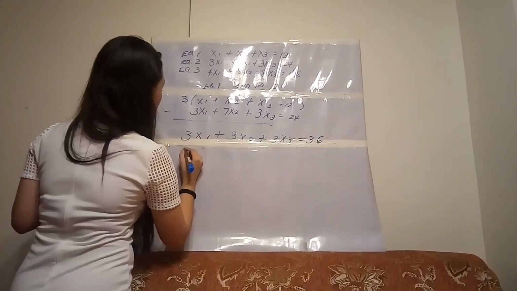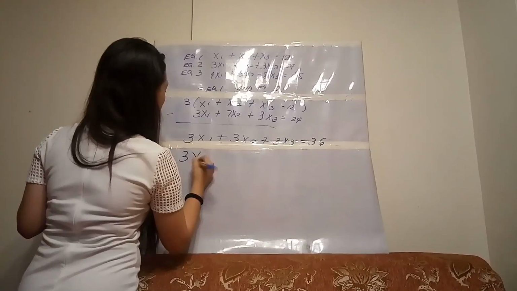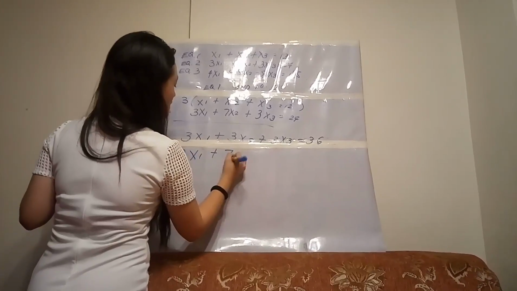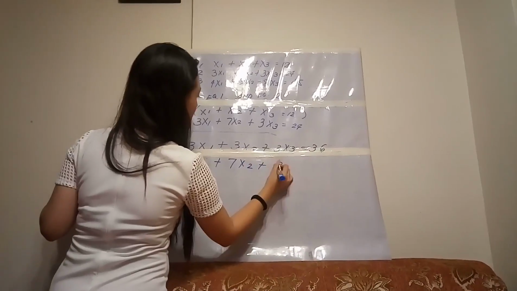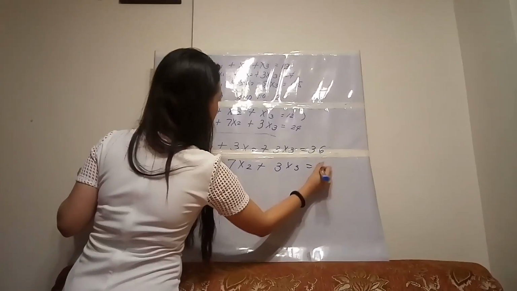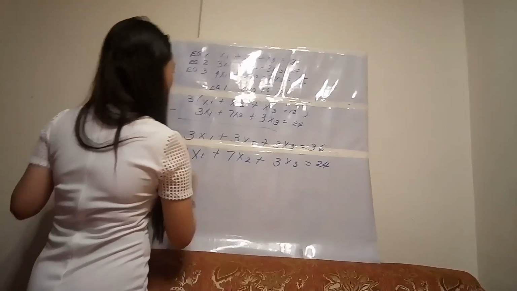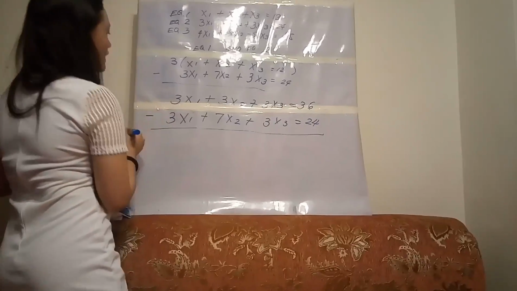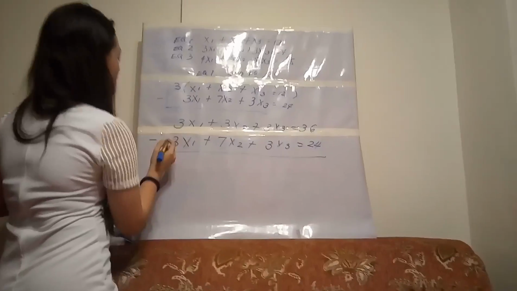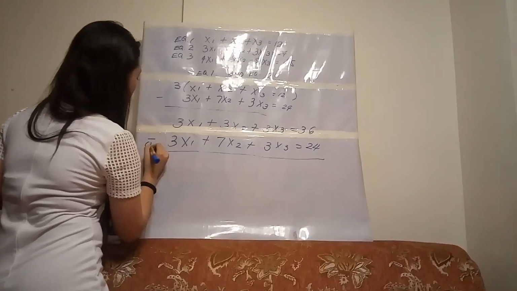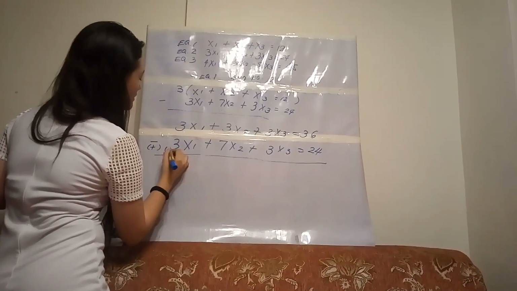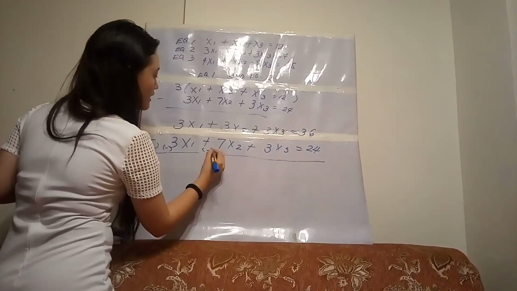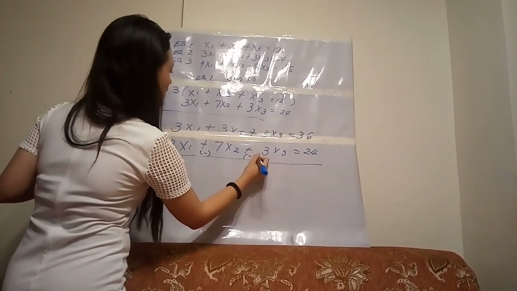And for equation number 2, it will be the same: 3x1 plus 7x2 plus 3x3 is equal to 24. In this elimination, we can use an addition or subtraction method. But in this one, I will use a subtraction method. So, equation number 2 will become negative 3, negative 7, negative 3.